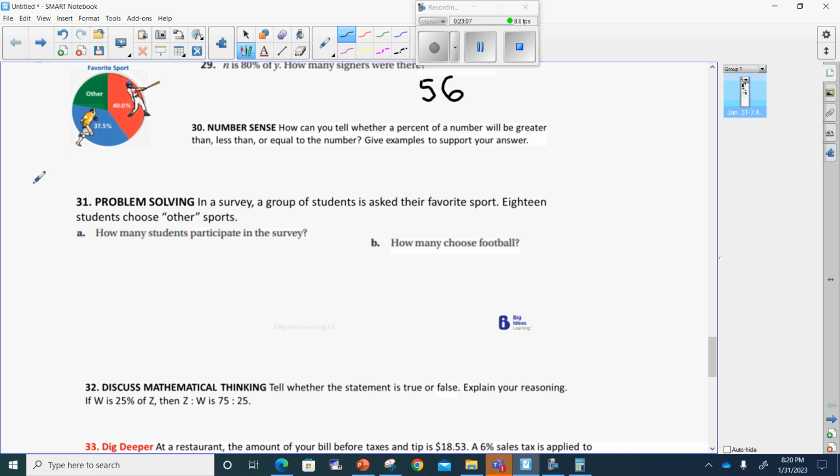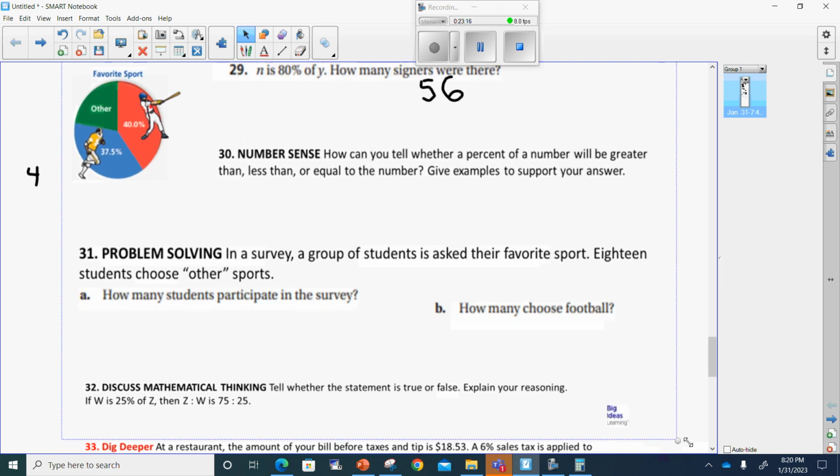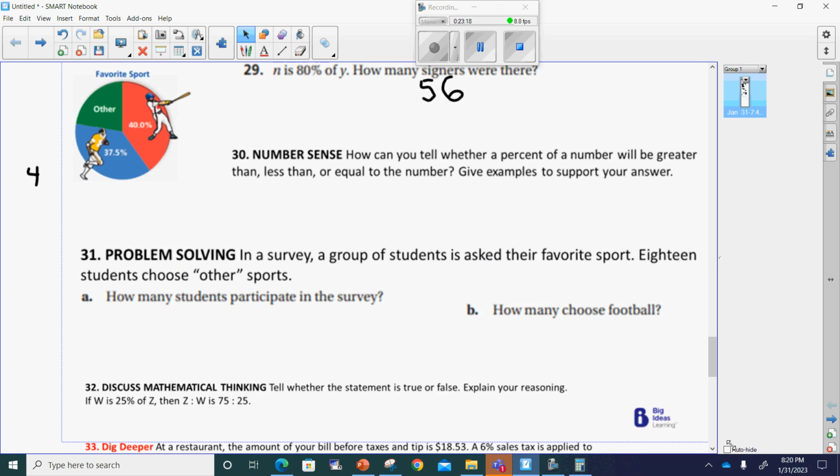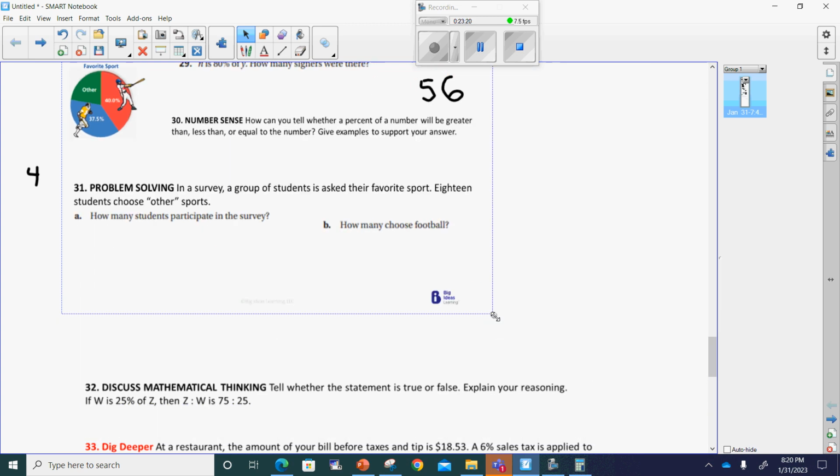So what is that going to leave me? Well, I know that if I add, and I want to make sure this is 40, so I'm just going to ask for your indulgence as I open this up and make sure it says 40. And it does look like 40%. So this means I'm going to take 40 and add it to 37.5.